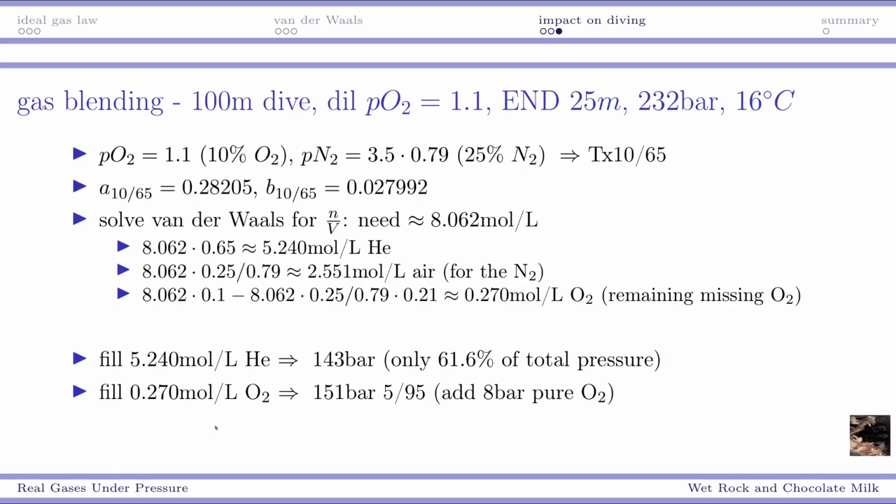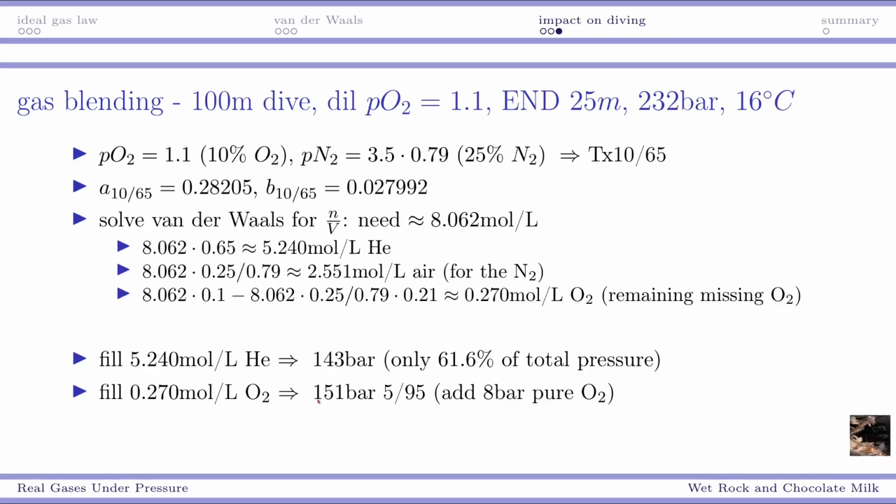So we're looking at a final mix of 595. And if we put a 595 into our van der Waals, then, well, we need to compute the A and B for 595 first, and then solve for 5.24 plus 0.27, whatever the sum of those is, moles of 595. What pressure will that give us?